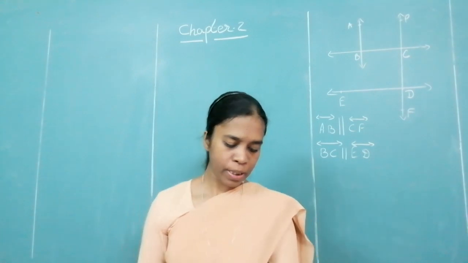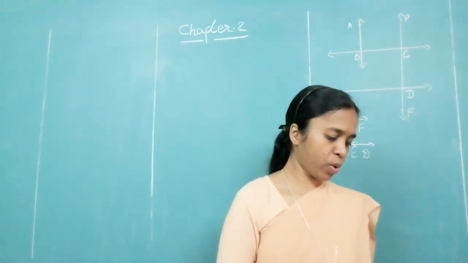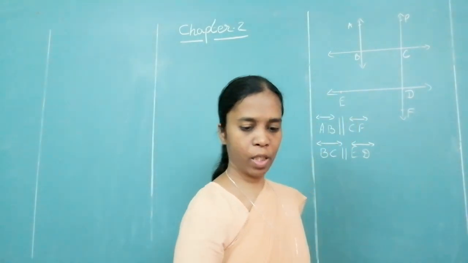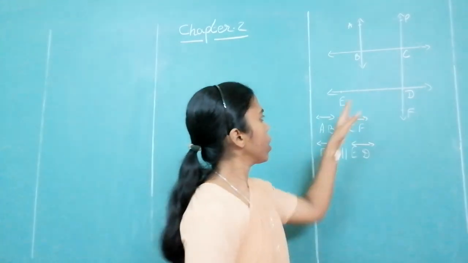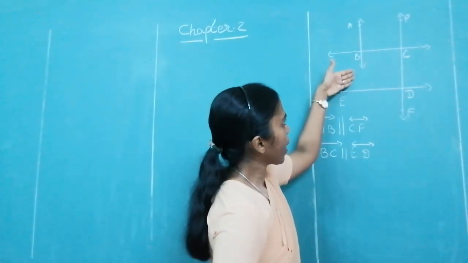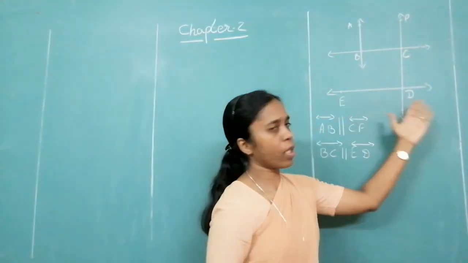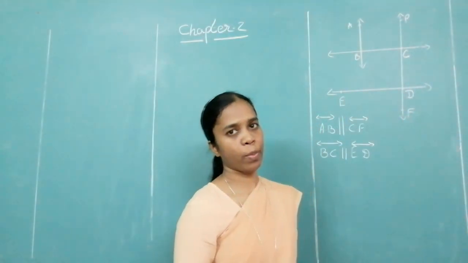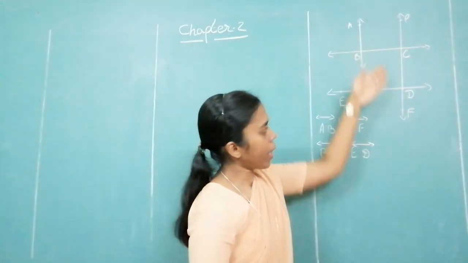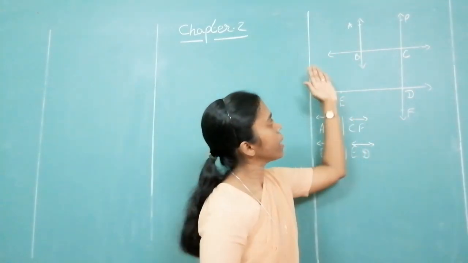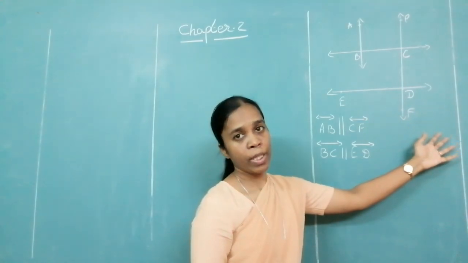We'll go for question number 7. In figure 2.27, line AB parallel to, I have drawn it. Line AB, this is your AB parallel to this. This is parallel to this. Okay, look at it properly. AB parallel to PF, BC parallel to ED.